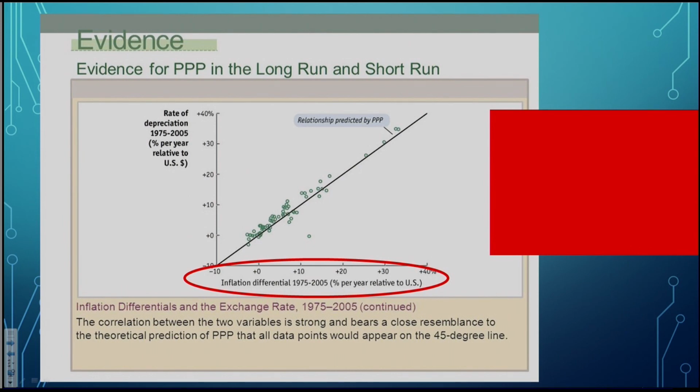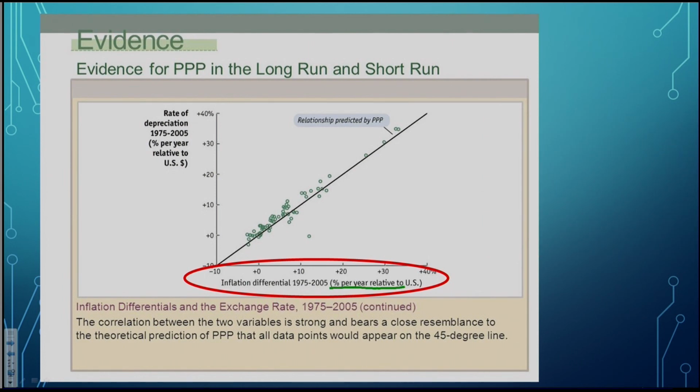So here's the inflation differential, in percent per year relative to the U.S. And then on the vertical axis we see the rate of depreciation.